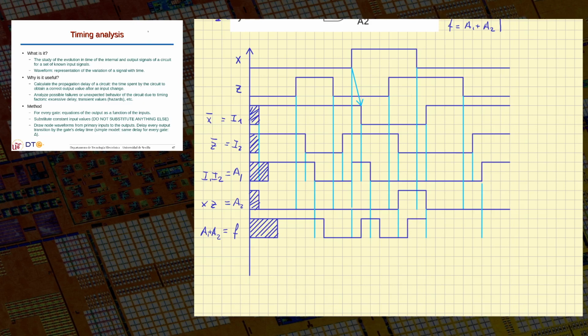You see that always we have some delay in all these changes. Okay, I'll try if the arrow is good enough, but all these changes happen here with some delay, and here and here with a delay of delta.